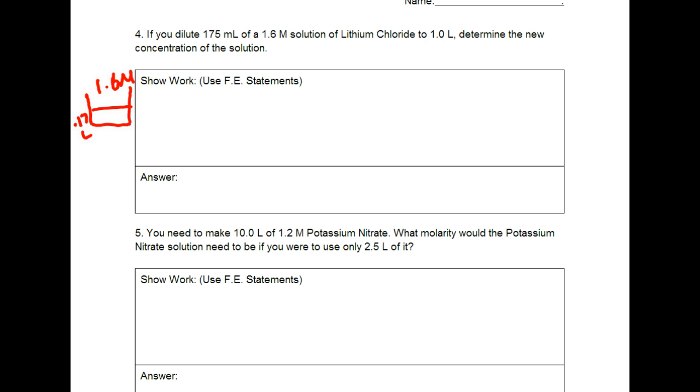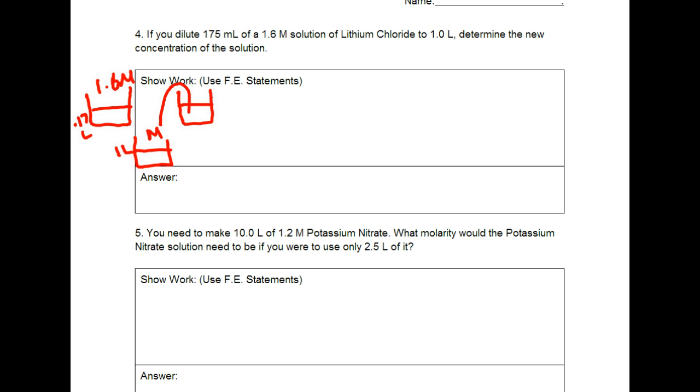And we're diluting that to 1 liter, and we're trying to figure out what the new molarity is. When we say we're diluting it, it means that we're adding water to it. So I could have asked how much water you added, and you could have easily done that by doing 1 liter minus 0.175 liters, but I really didn't need that.